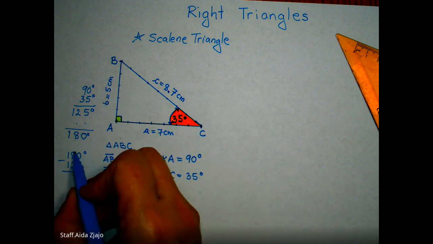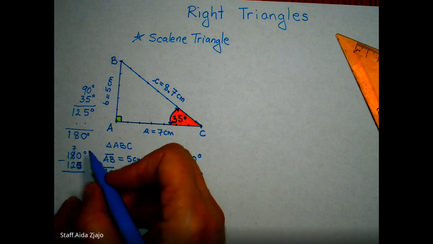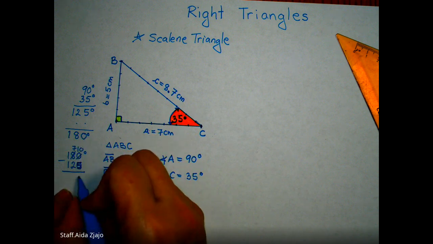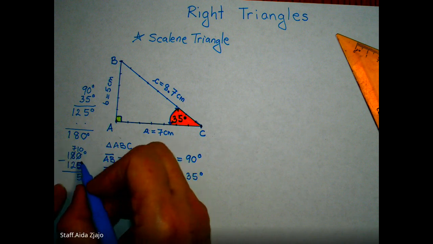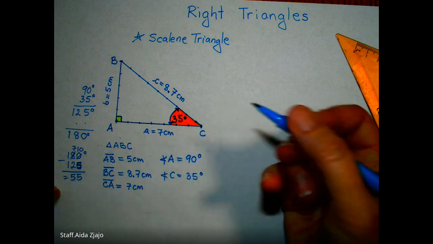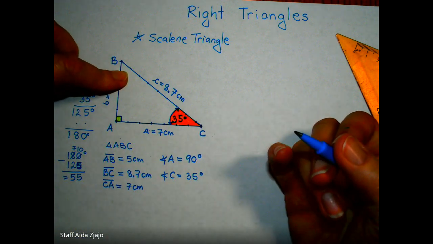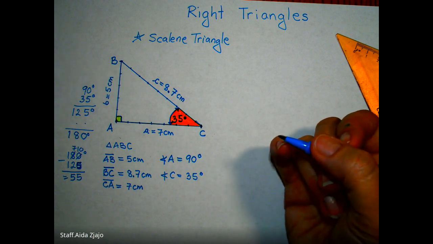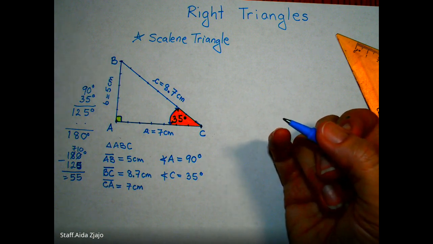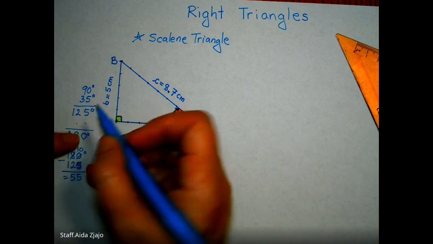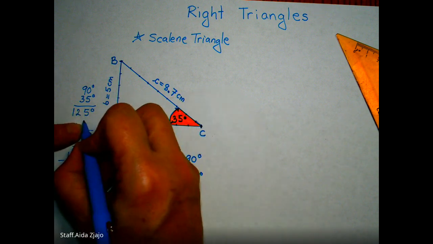So we subtract 5 from 0, so we need to regroup. 10 minus 5 is 5, 7 minus 2 is 5, and our last angle, the third angle, has to be 55. And we can prove it by adding here, like what and 5 makes 0.